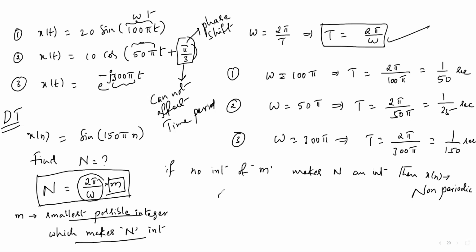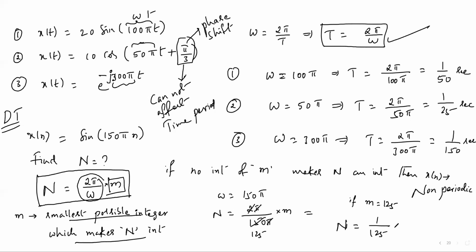For example, here the omega value is 150 pi, the given problem. So capital N is 2 pi by omega value 150 pi multiplied by small m. Here pi gets cancelled, and 2 cancels, leaving 1 by 75 times m. So if m value is taken as 75, then capital N is 1 by 75 multiplied by 75, which is 1.